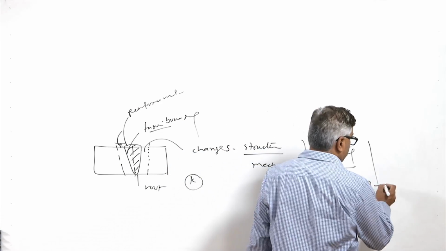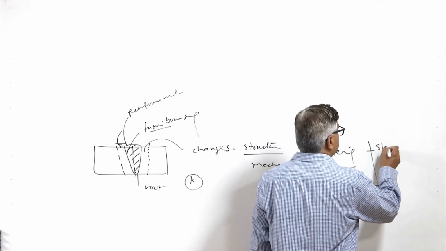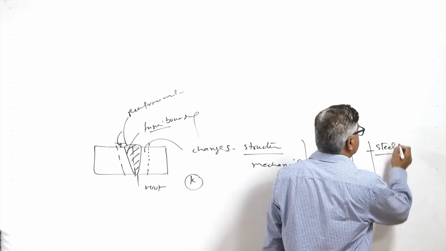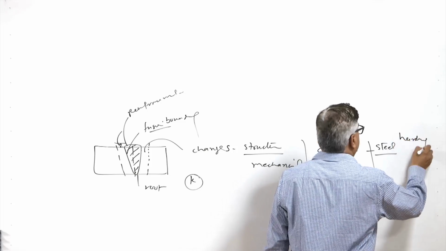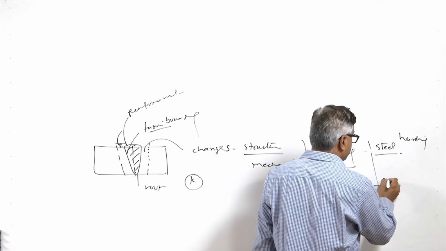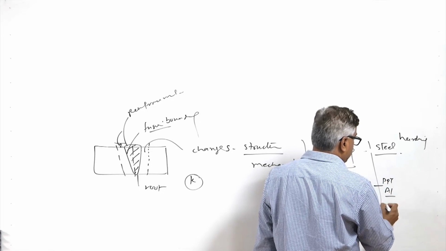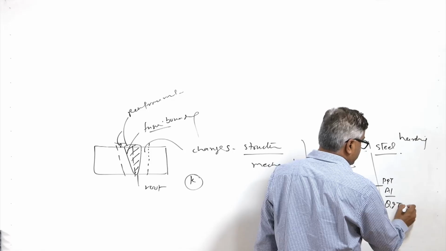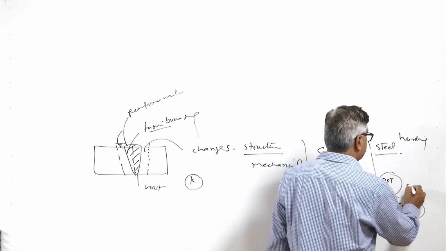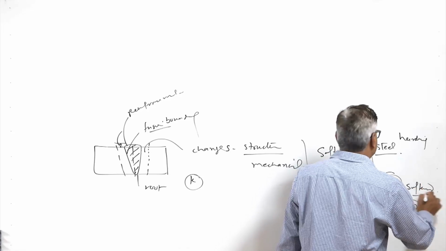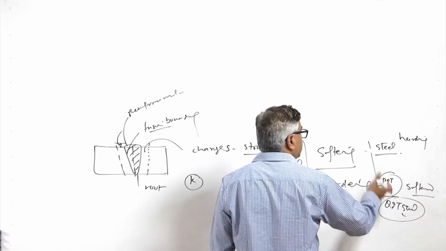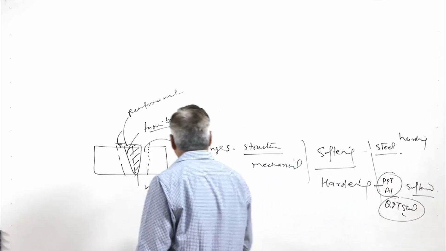For example, most of the steels in normal condition, like annealed or normalized conditions, get hardened, while precipitation hardened aluminum alloys as well as quenched and tempered steels both get softened. So, depending upon the kind of process and the metal system, hardening and softening can occur in the heat affected zone.